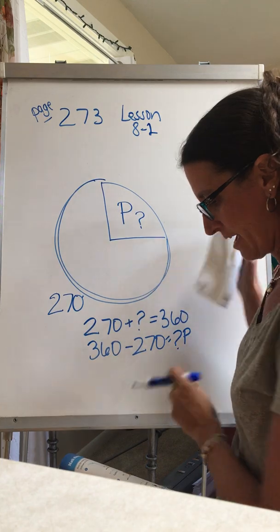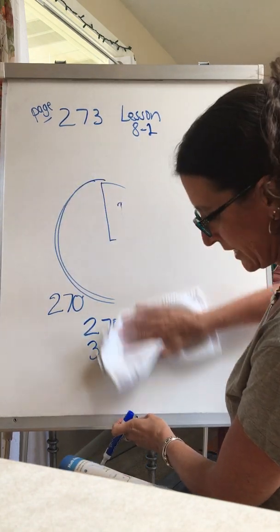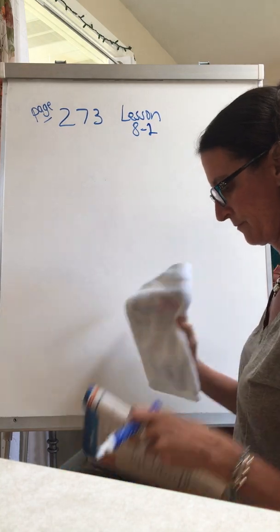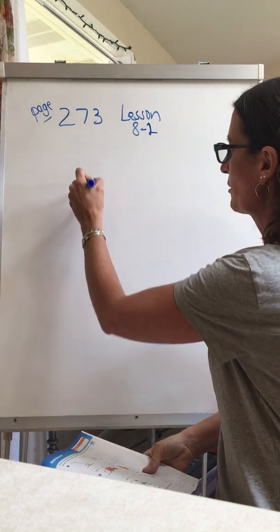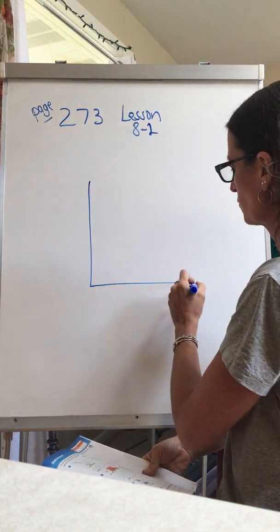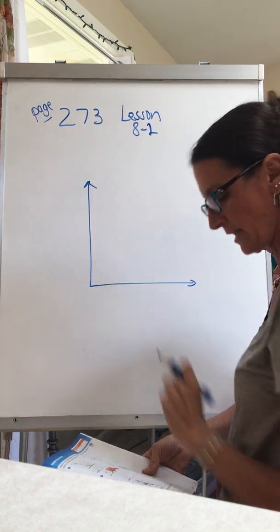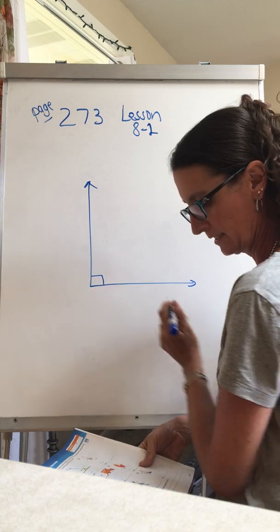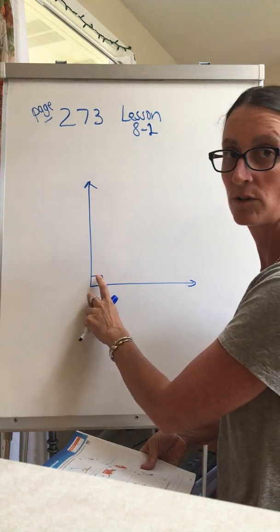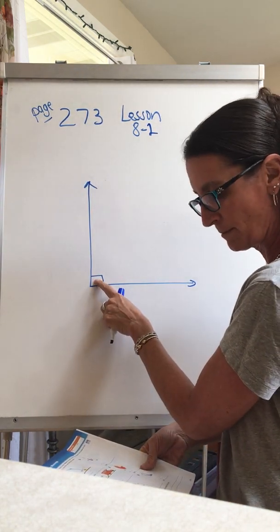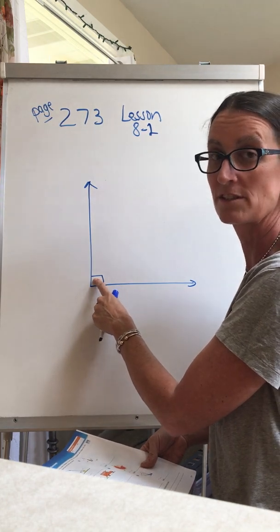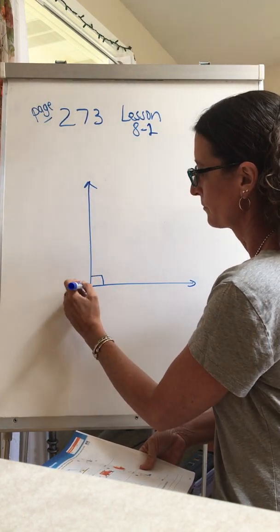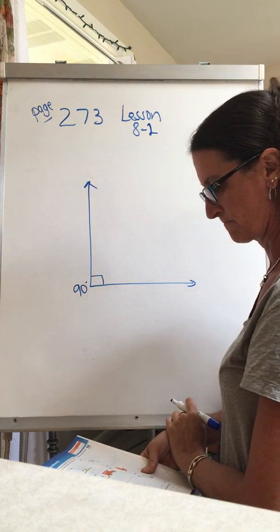Looking at number 5, 5 is a little bit different because we can tell that the person sitting in the chair, if you look at that chair back, and I'm not going to draw the whole chair, just in that corner, you can see that little red box in the corner. When you see those little red boxes in the corner of an angle, you know that it's a right angle, and all right angles are 90 degrees.